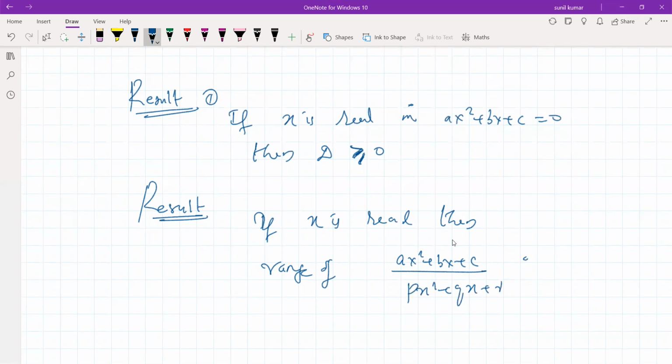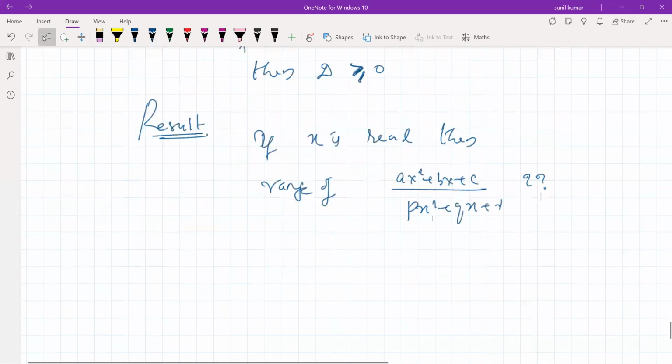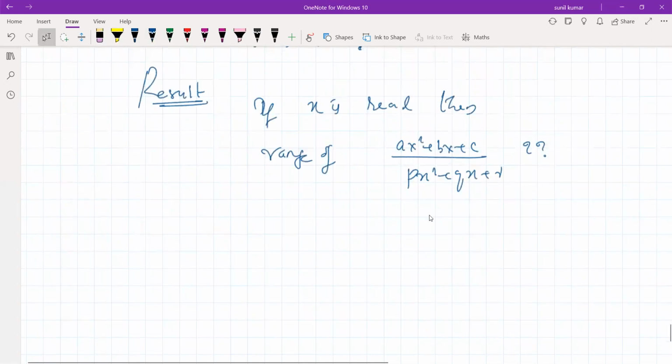Then what is the range of this one? So these type of problem. So normally what we will do, we will denote this ax square plus bx plus c by y only.